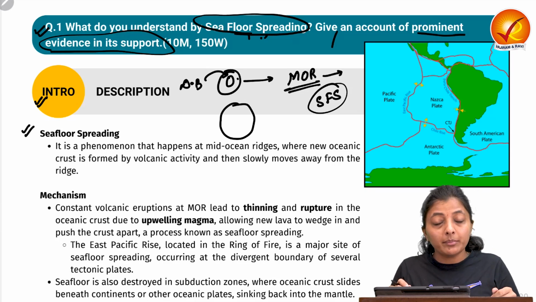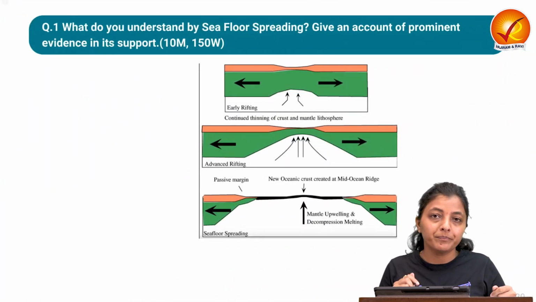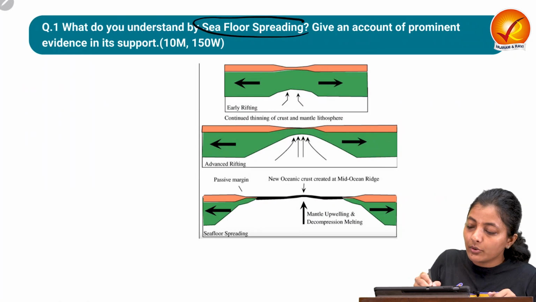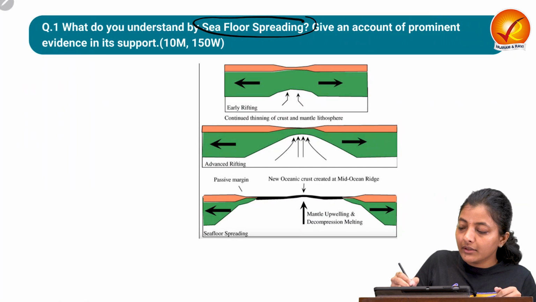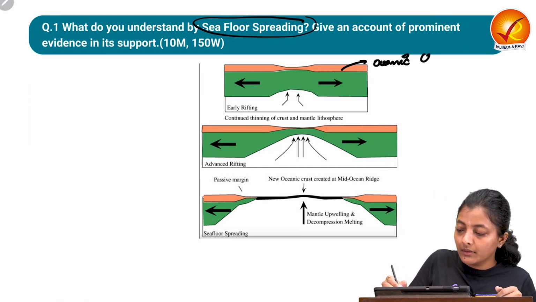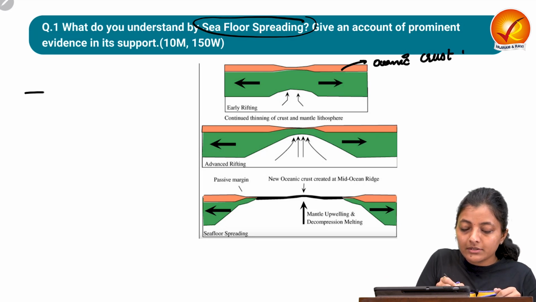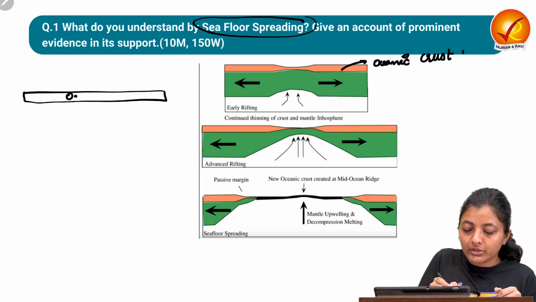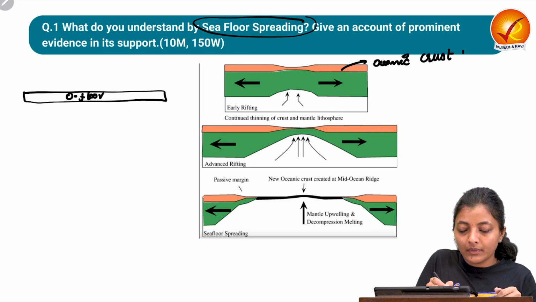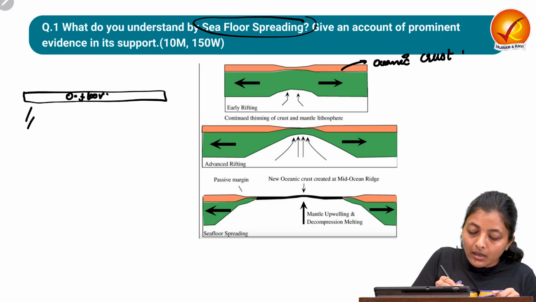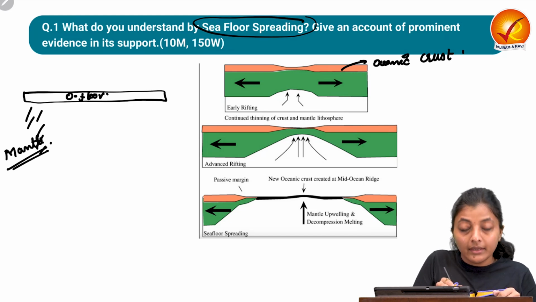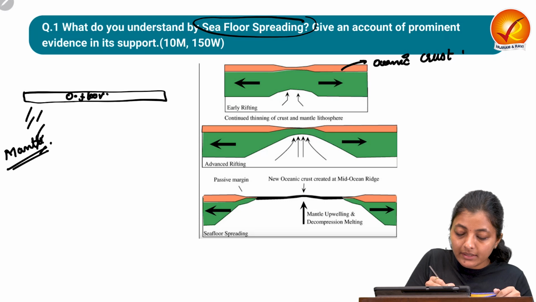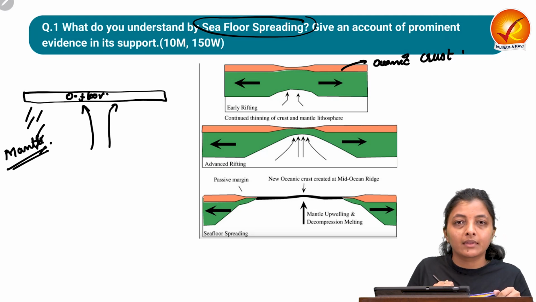Then in the body part, coming to the first major demand of the question, the seafloor spreading. Now, what is this seafloor spreading? Let's understand. This is the oceanic crust, oceanic floor or oceanic slab. Below this oceanic floor is the mantle. In the mantle, we know that there are convective cells.